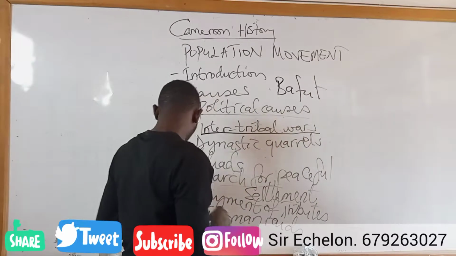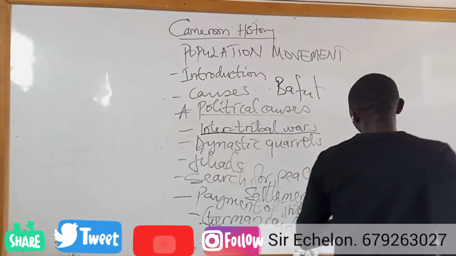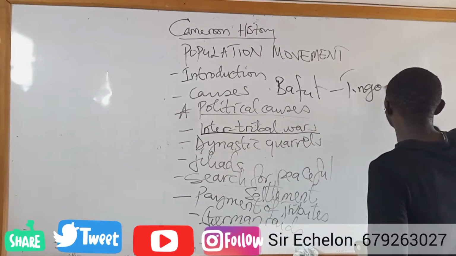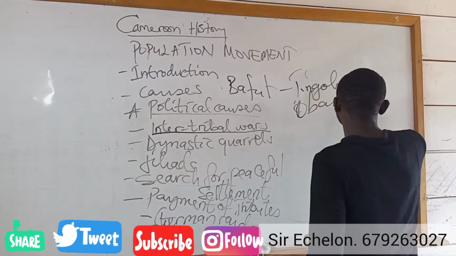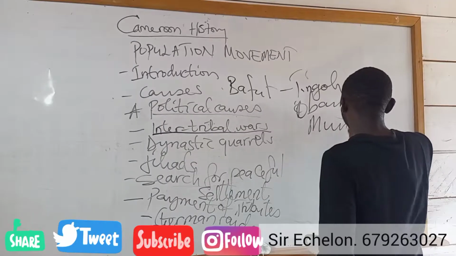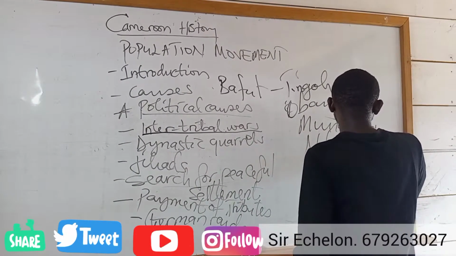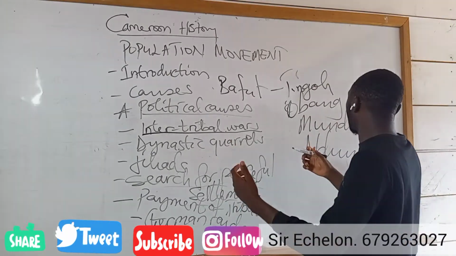Cases in point, we talk about the Bafut people. The Bafut fought a war with the people of Timor, Bafut Timor, Bafut Obam, Bafut Mundum, Bafut and Dum. These were tribes where the Bafut fought intertribal wars with them.